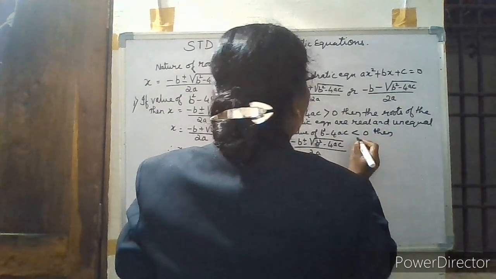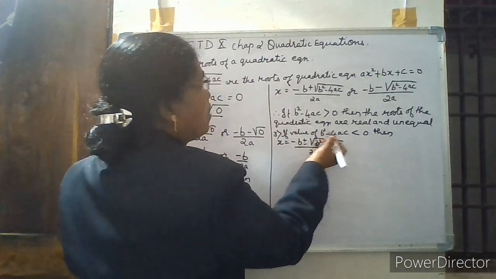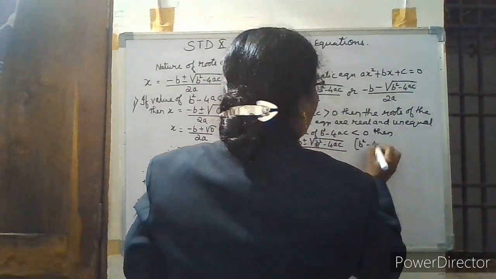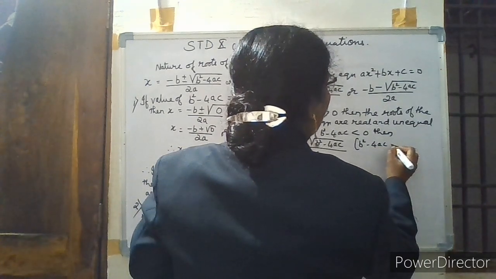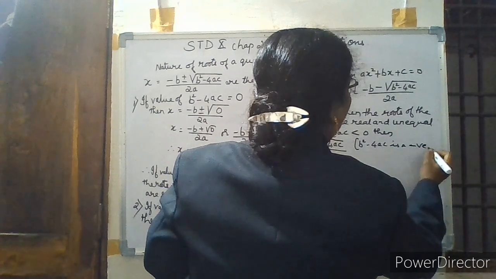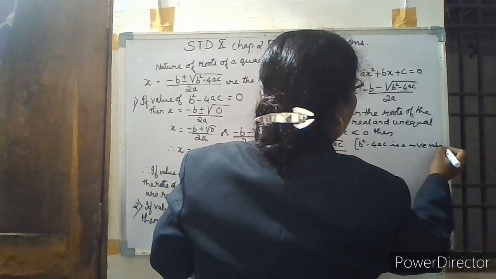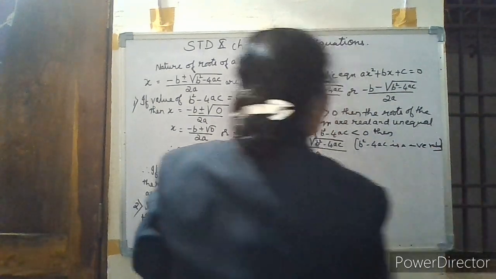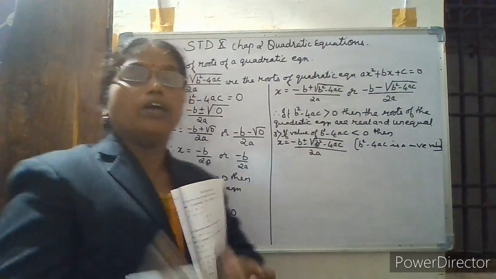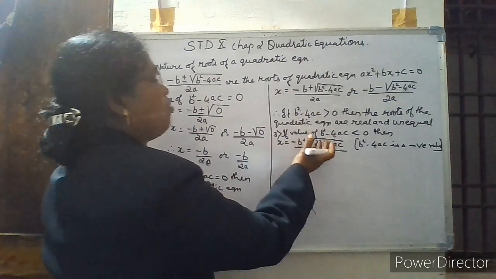So when we talk about b squared minus 4ac being less than 0, that means b squared minus 4ac is a negative value. We will get a negative value under the root, and you cannot take any negative value out of the root.